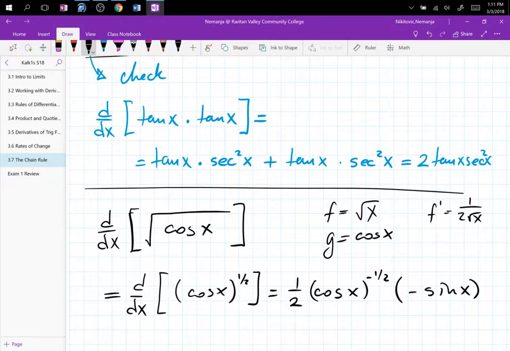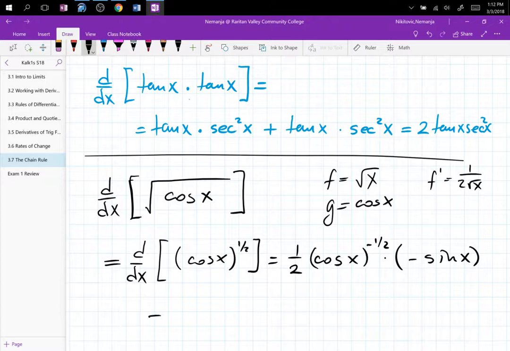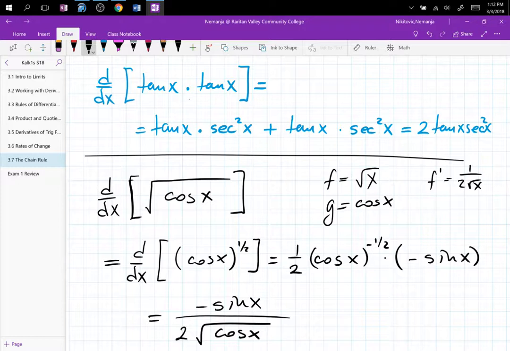That's the g prime part. By the way, that's the chain, right? That's called the chain. And now we fix this. What's in the numerator? 1 and sine, so negative sine x is in the numerator, and in the denominator 2 square root of cosine x. And that will be the derivative.